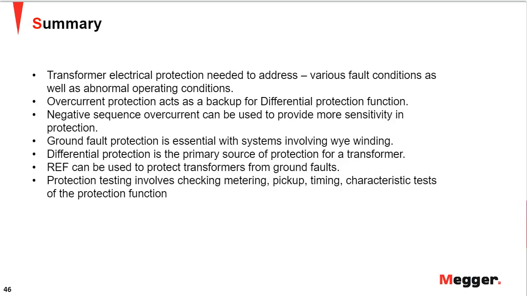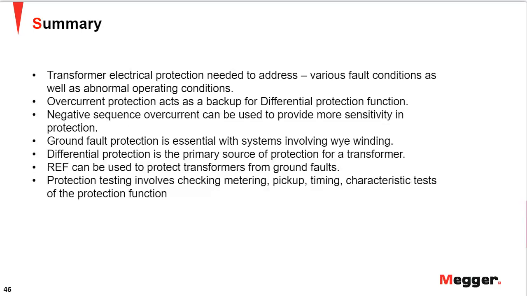We looked into the overcurrent protection, the phase protection, time coordination importance between the different 51 relays, and we see that the overcurrent can act as a backup in case your differential relay does not trip in the first instance, right? And then negative sequence overcurrent, we looked into that, which can provide more sensitivity in the protection for unbalanced conditions.